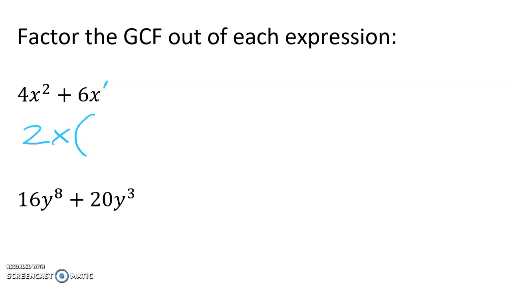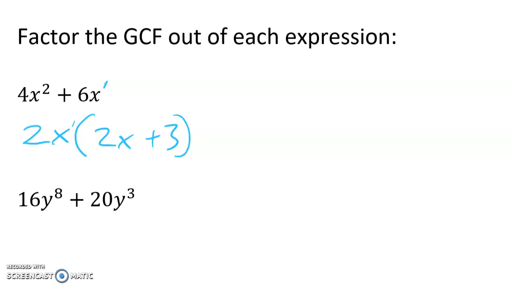I'll show you what I mean. 4x squared divided by 2x, well, 4 divided by 2 is 2, x squared divided by x, I subtract 1 from 2, that would just be x, and then 6x divided by 2x, well, 6 divided by 2 is 3, and x to the 1st divided by x to the 1st, that's just 1, so that cancels that x out.